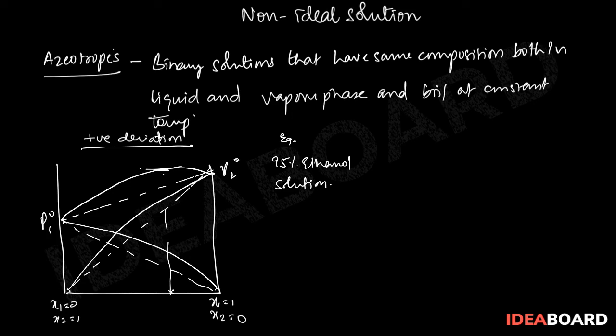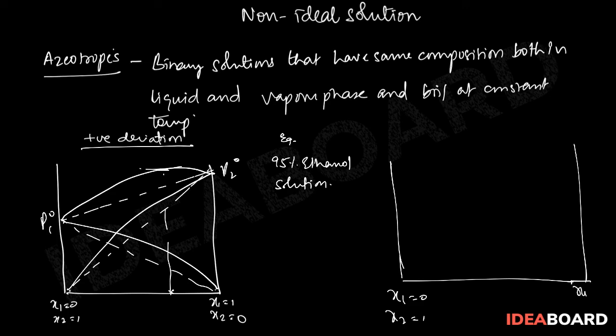Similarly we have solutions showing negative deviation. For such a case the graph will be something like this. Say x1 equal to 0 here, x2 equal to 1, x1 equal to 1, x2 equal to 0. So it will be, say, p1 naught here, p2 naught here and p1 naught here.